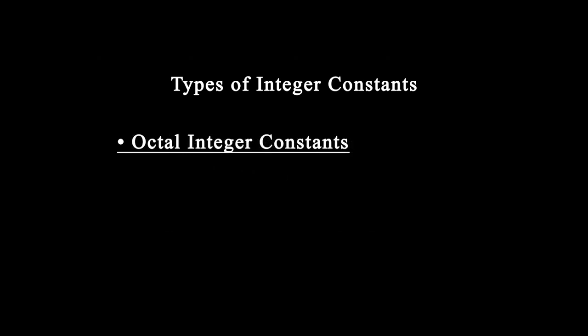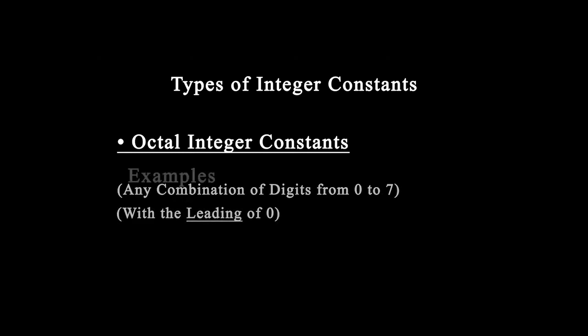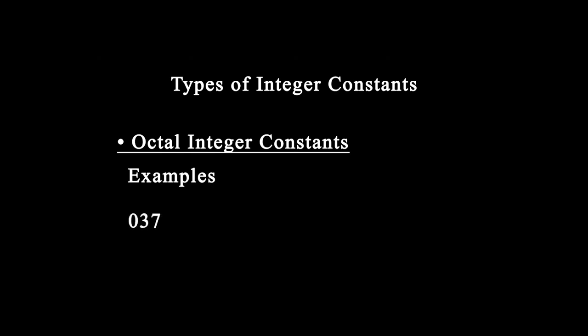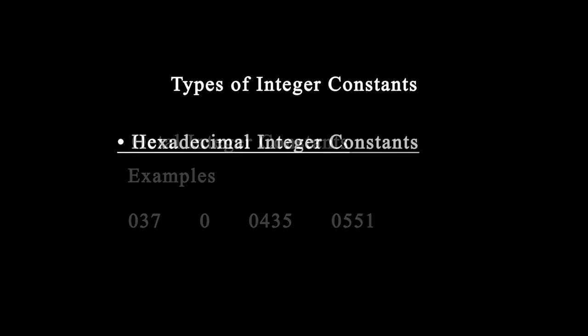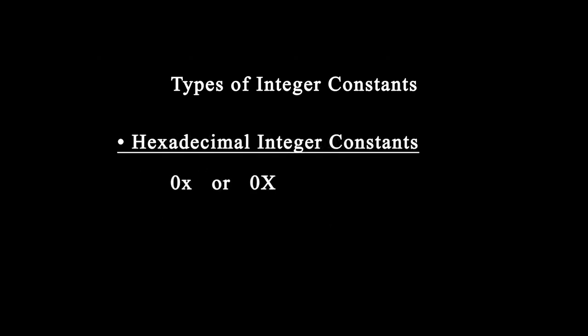Now if we talk about octal integer constants, these constants consist of any combination of digits from 0 to 7 with a leading 0. Examples: 037, 0, 0435, 0551. So starting from 0, we can write any number within the limit 0 to 7. Similarly, a sequence of digits preceded by 0x or 0X is considered a hexadecimal integer.